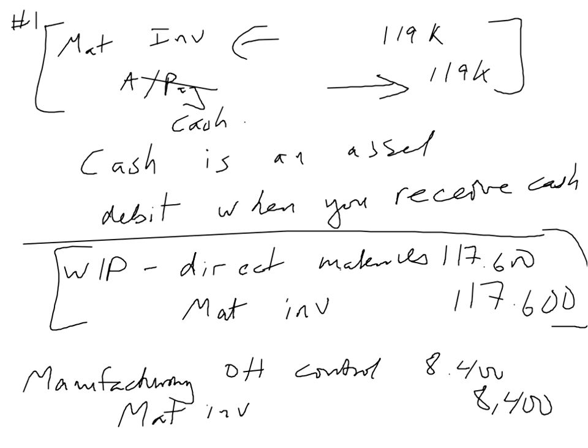In this case, it didn't tell us that it was direct materials. It says it's just supplies, and supplies are generally not traceable to an individual job. So we're going to debit manufacturing overhead control.